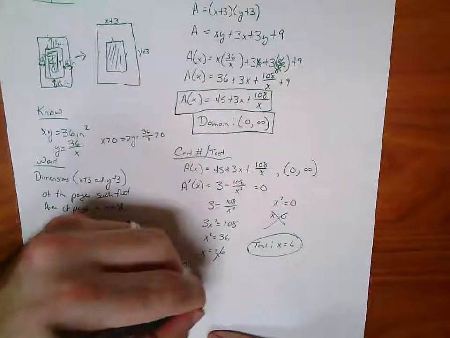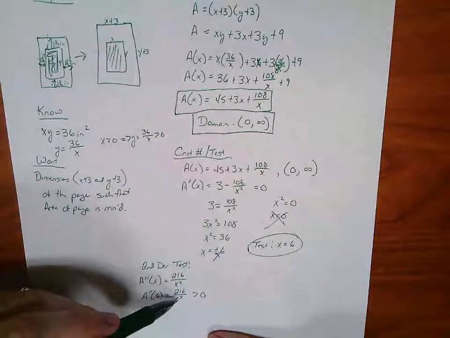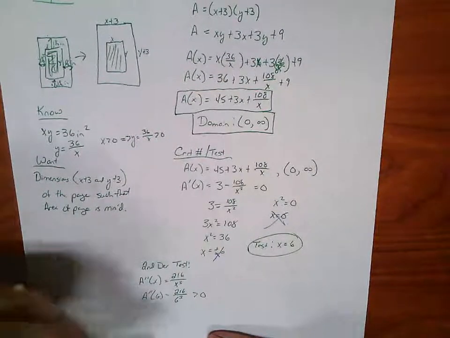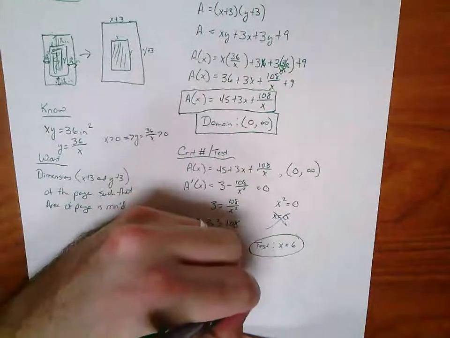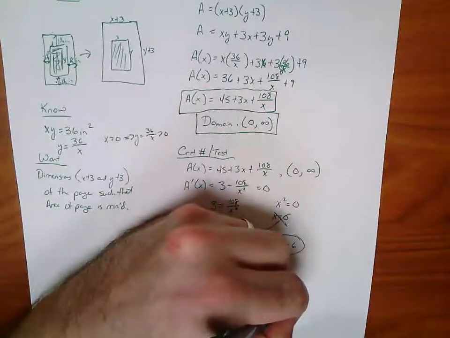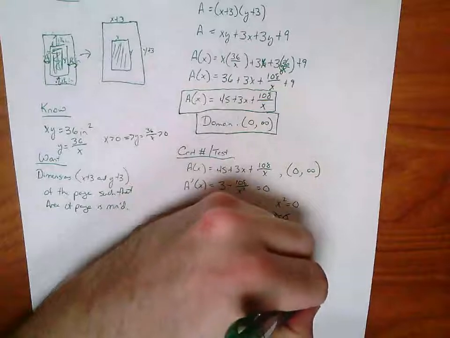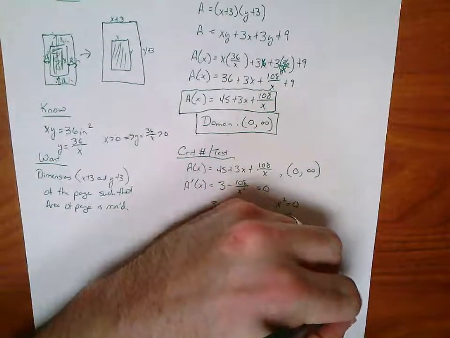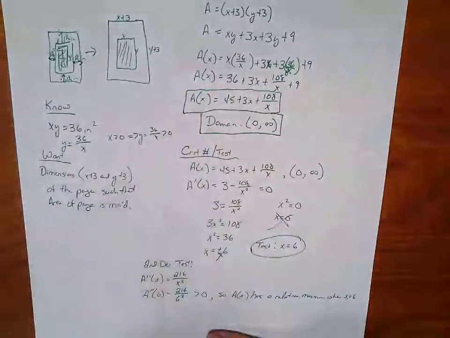That's greater than 0 because 6 is positive, so 6 to the third power is positive, and positive divided by positive is positive. So a of x has a relative minimum, by the second derivative test for relative extrema, whenever x equals 6.